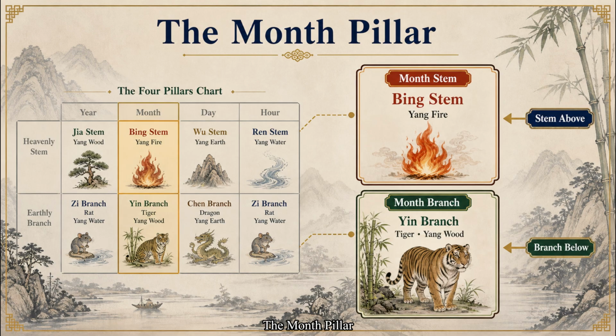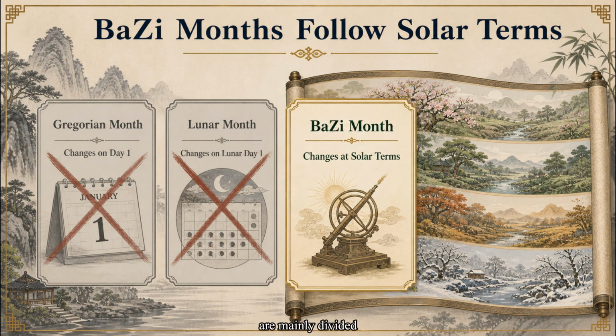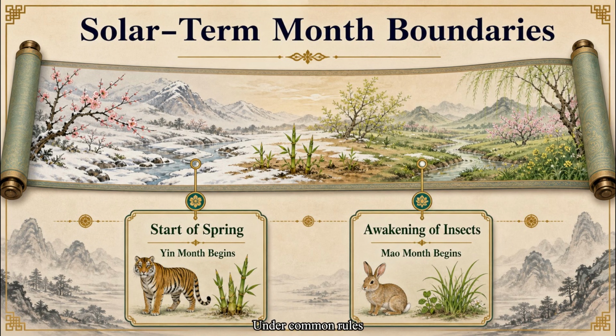The month pillar is the second column, with the month stem above and month branch below. In our teaching chart, the month pillar is Bing Yin. Bing is yang fire, while Yin is yang wood associated with the tiger. BaZi months are mainly divided by solar terms, not by the first day of a Gregorian or lunar month. Under common rules, the Yin month begins around the start of spring, and the Mao month begins around the awakening of insects.